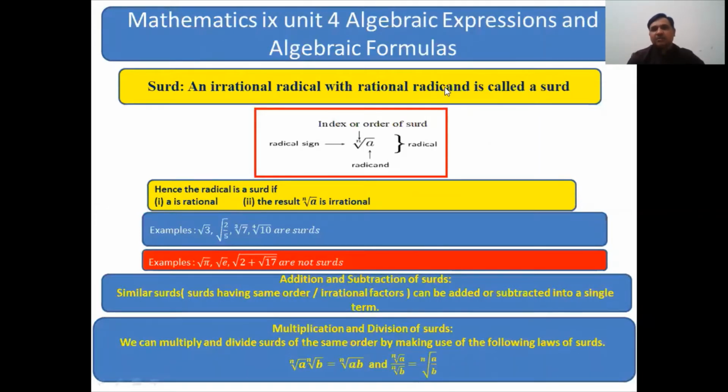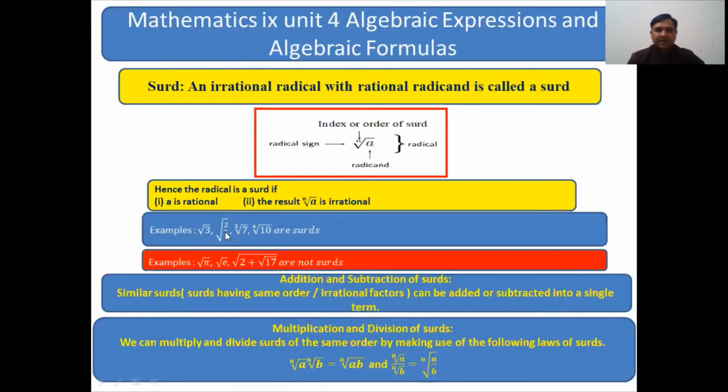For example, square root of 3 is a surd. Why? 3 is a rational number because 3 can be written as 3 by 1, and the whole square root of 3 is irrational. So this is a surd.